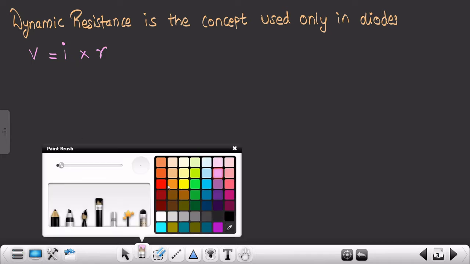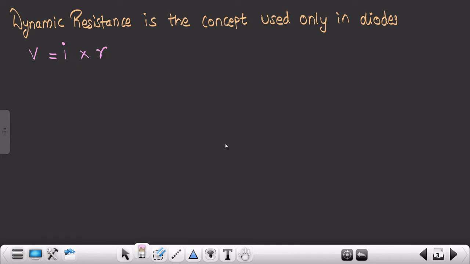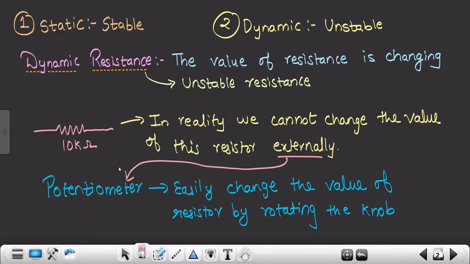But now since we are dealing with a diode, I'll put this as VD relates with the diode voltage, ID relates with the diode current, and RD relates with the diode resistance. Therefore RD is equivalent to VD by ID. Just a few minutes back we were unable to change the value of the resistance over here.